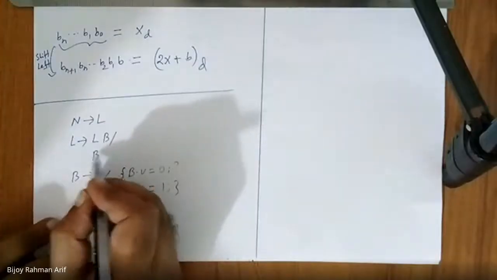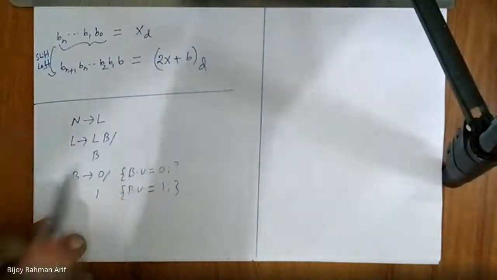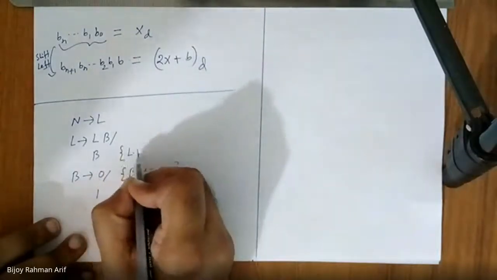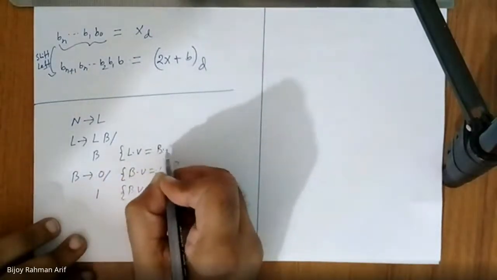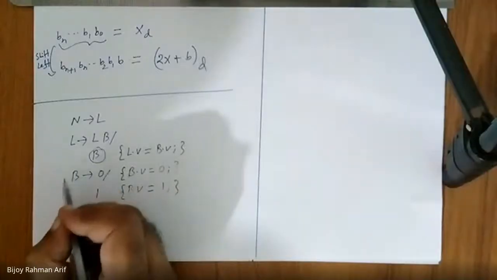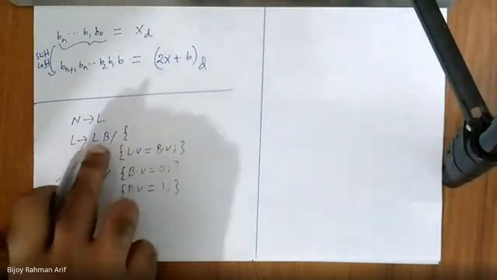Here, the bit is reduced to a list. And we know the value, the decimal equivalent of bit. So L.val is nothing but B.val. Okay? Yes, sir. This B is already derived by these two rules.